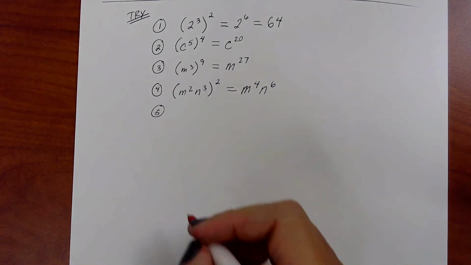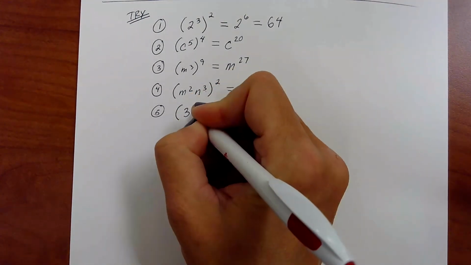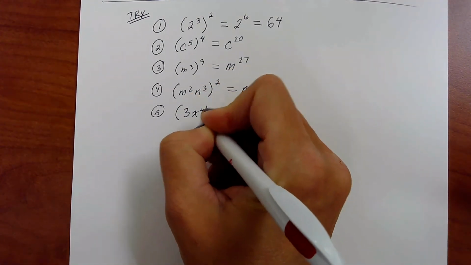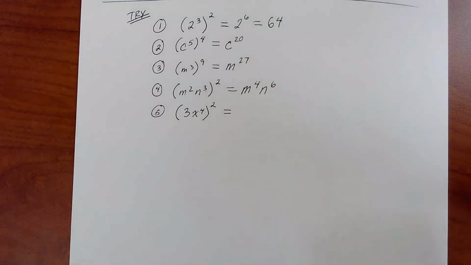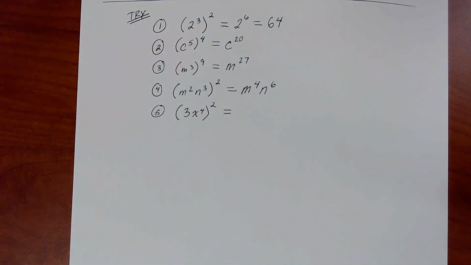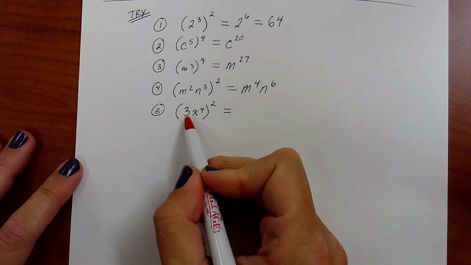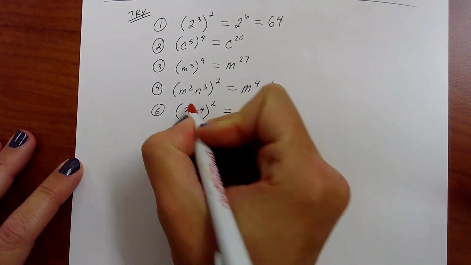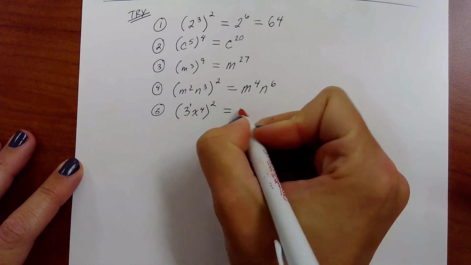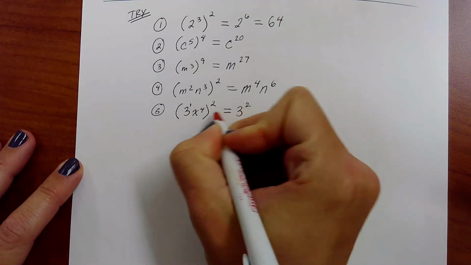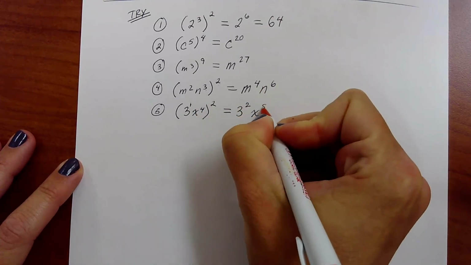All right, now this is mean. 3 x to the fourth raised to the second. All right, there's a few ways to think about this. The 3 really has an exponent of 1, so this is going to turn into 3 to the second, x to the 8th.